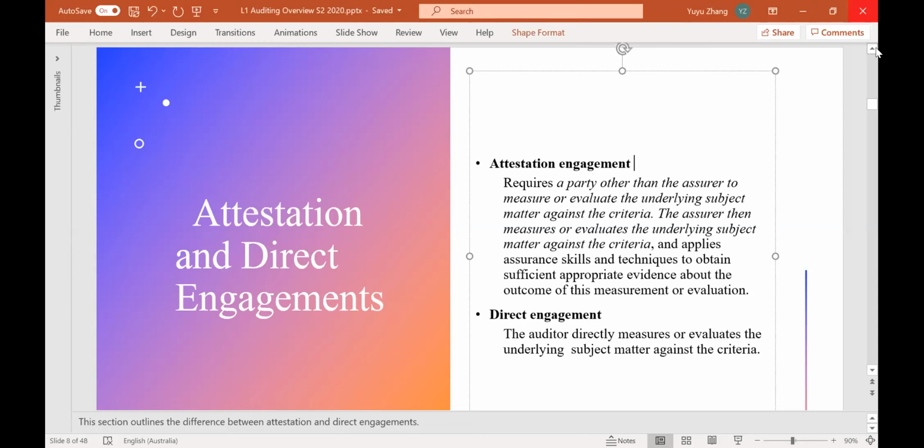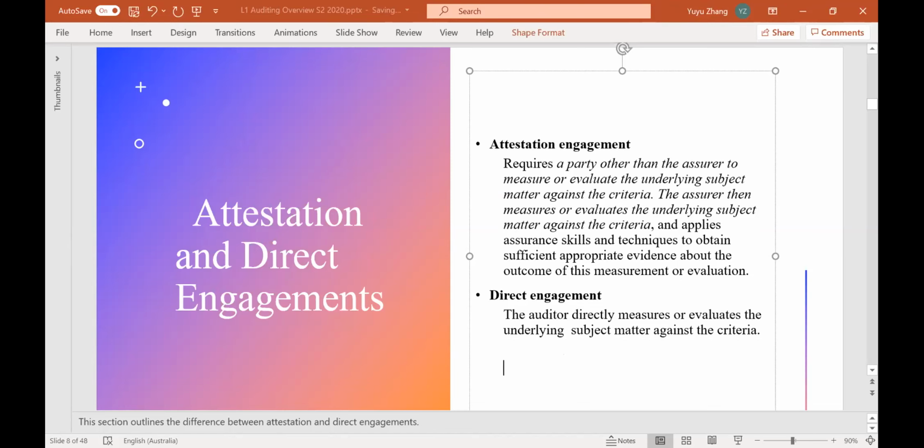Now, do you think we understand the difference between attestation and direct engagement? Not really. Another example. Suppose, let's say, Telstra came to you to ask for, let's just talk about the other example.